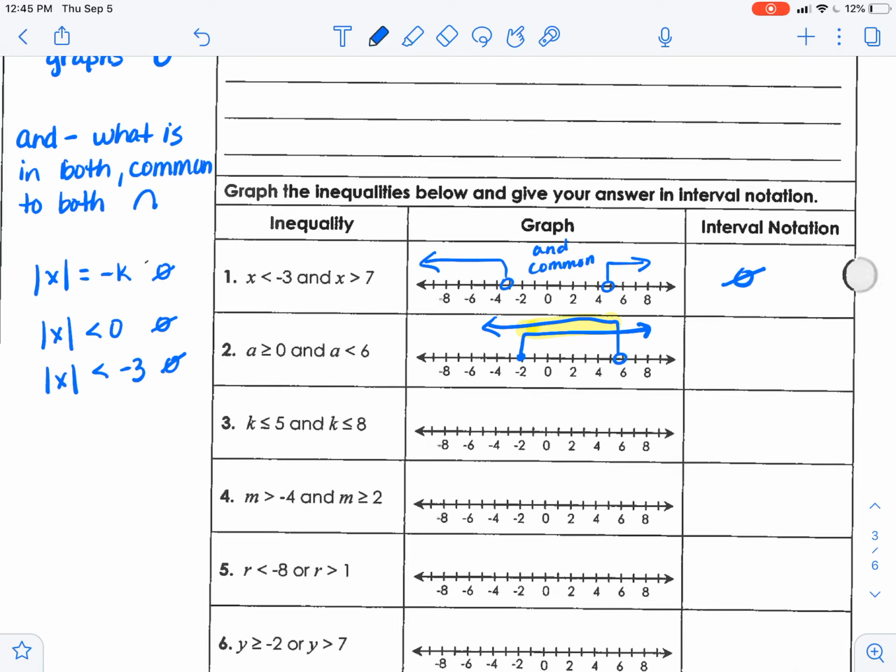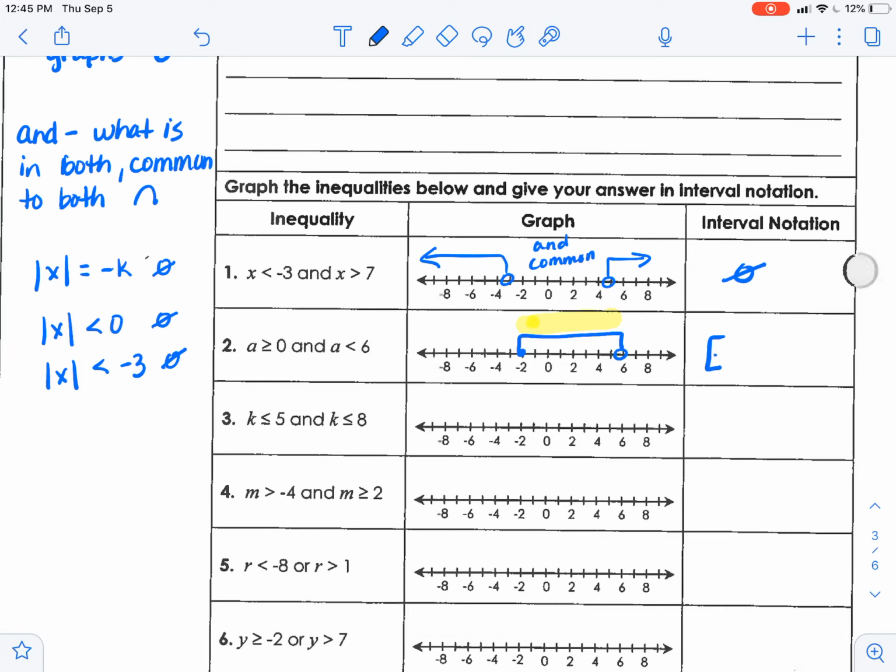When you see this, guys, it is very important that you rewrite your answer. So even though I draw it this way, my actual answer is just that interval. So my interval is from here to here. Interval notation, I'm going to have a bracket at -2, and a 6 and then a parenthesis.